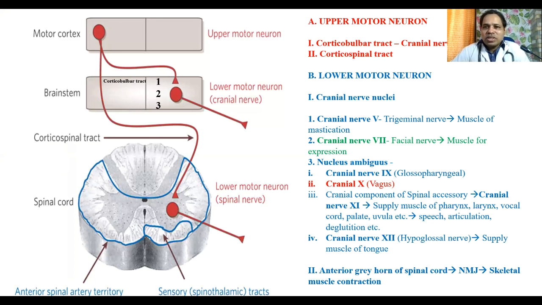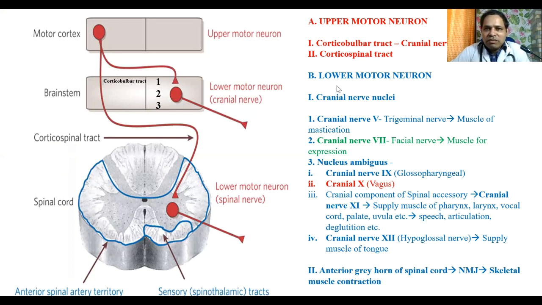Before that, I want to tell you one thing. Whenever I say upper motor neuron lesion, the lesion can be somewhere here or somewhere here. And if I say lesion of the lower motor neuron, the lesion will be somewhere here or somewhere here. So suppose there is a lesion somewhere here, this is not intact up here, but this may be intact.